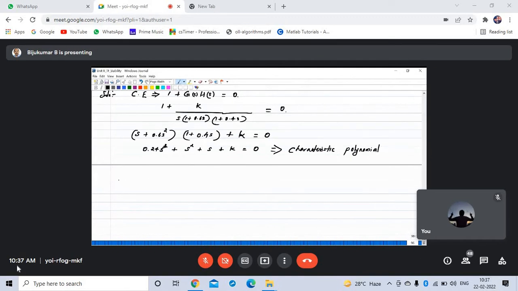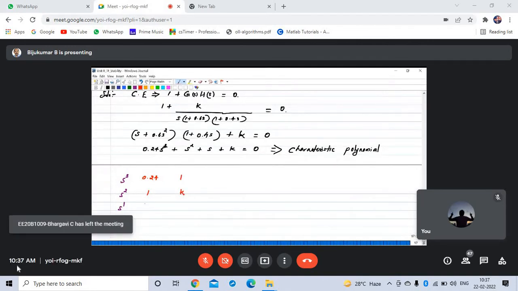The next step is to form the Routh array, so we start the power of s from higher order to lower order: s cube, s square, s power 1, s raised to 0. Now we have to enter the corresponding elements: 0.24, 1, 1, K. How will you find this value?